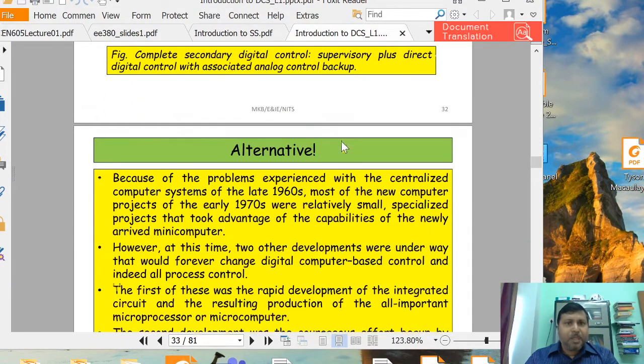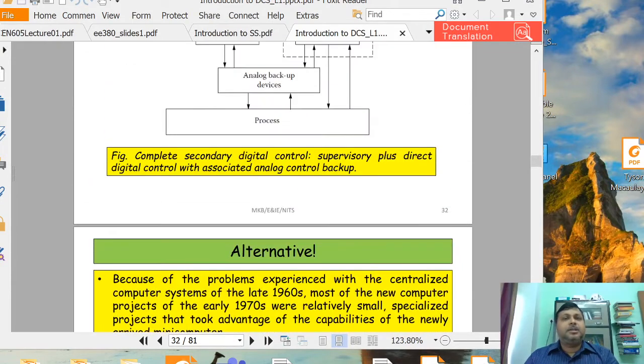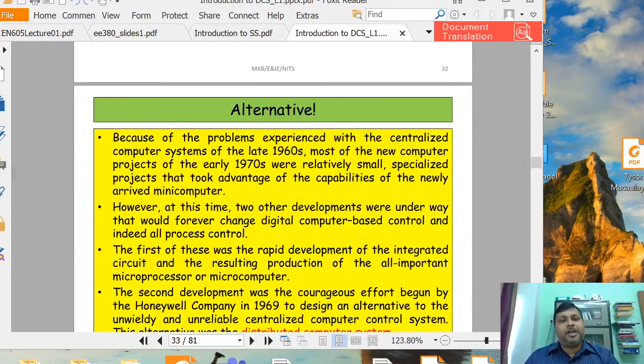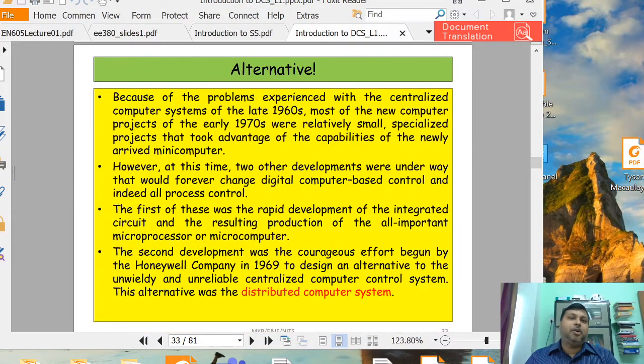Now this is the scenario during 1960, and from 1960 people were searching for an alternative. What could be the alternative for this situation? Because of this problem experienced with the centralized computer system of the late 1960s, most of the new computer projects of the early 1970s were relatively small, specialized projects that took advantage of the capabilities of the newly arrived micro or minicomputer.